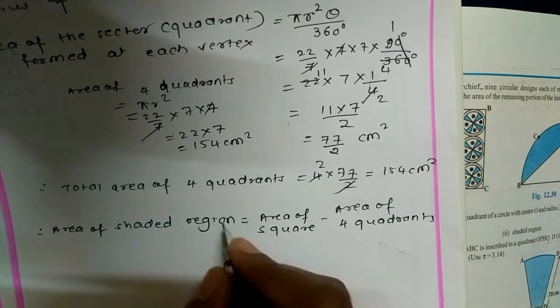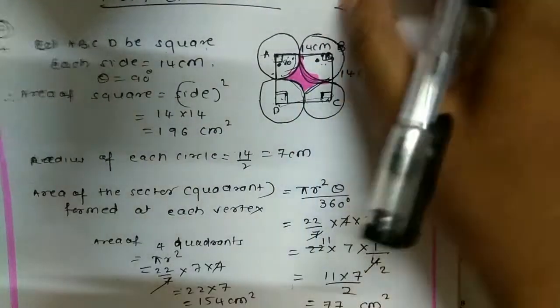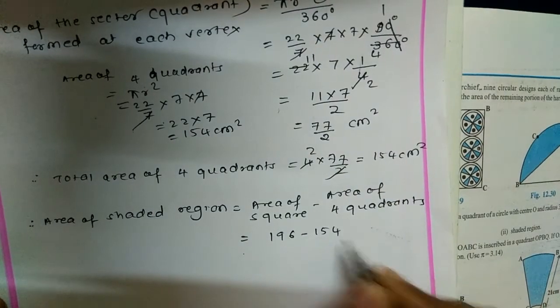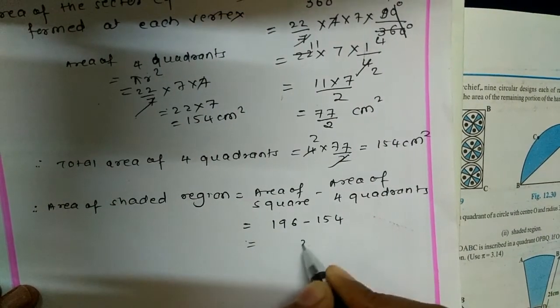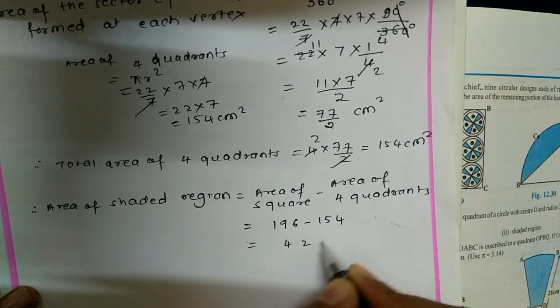The area of square we got is 196, minus 154. Subtract this: 6 minus 4 is 2, 9 minus 5 is 4, 1 minus 1 is 0. So it is 42 centimeter square. I hope you understood the method.